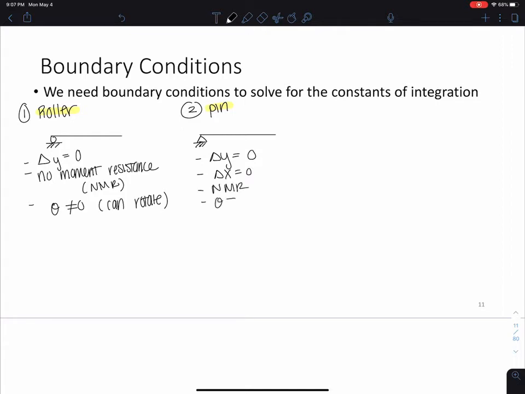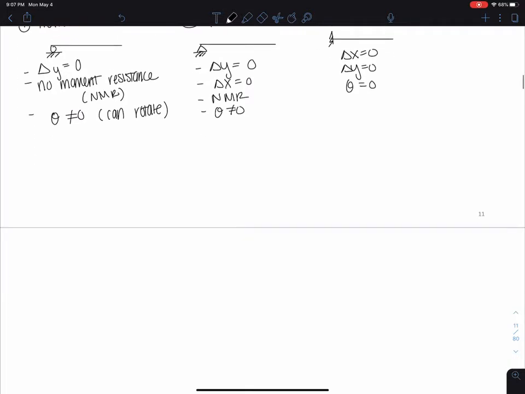And we know that theta can't equal 0. Okay, next we have fixed supports. We typically draw that as a straight line like this. We know we can't move in the X, we know we can't move in the Y, and we know that we can't rotate. Okay, pretty easy.